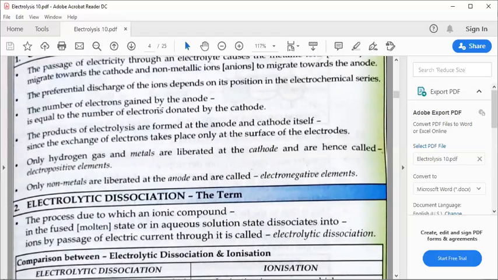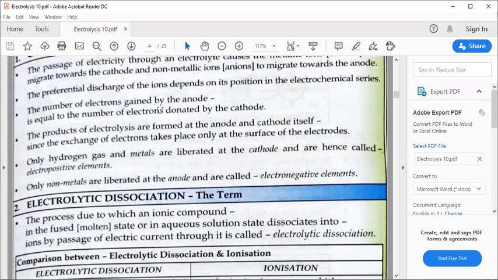So always remember, Harshil, only hydrogen gas and metals are liberated at the cathode. Please don't ever say that sulfate ion, oxygen gas or chlorine gas, all non-metallic gases, are liberated at the cathode.